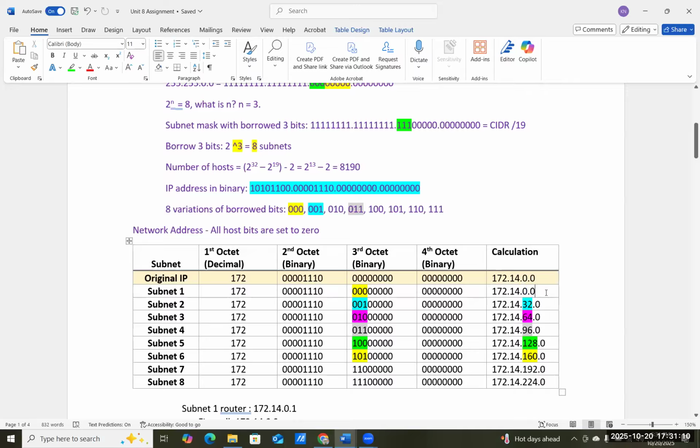Okay. So here's my question for you. Let's say that this is my branch 1 subnet, 172.14.0.0, branch 1. What's the first usable IP address in the subnet for my router? 172.14.0.1, right? And then if I have a firewall, .2, right?